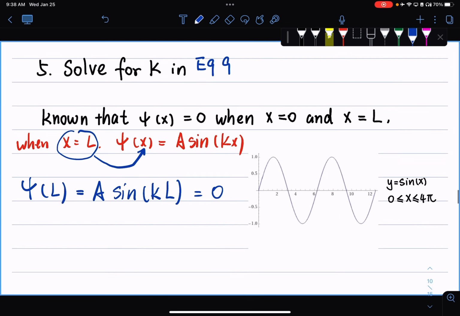And we can look at what the sine function is if you're not so familiar. We have phi(x) equals 0 when x equals 0.